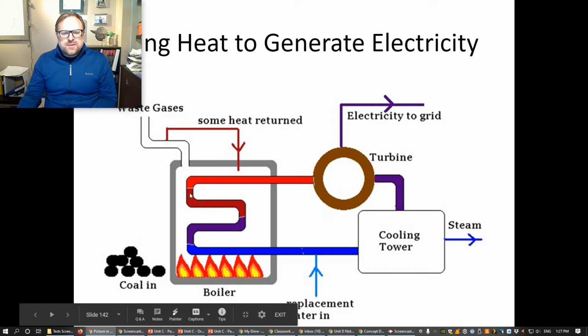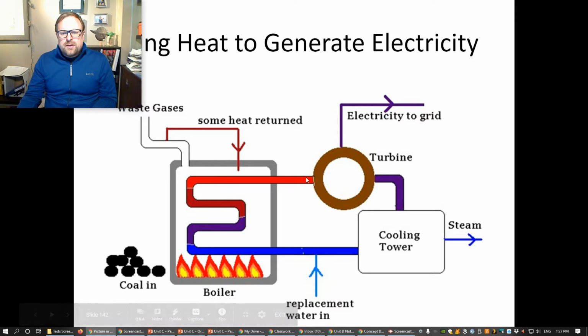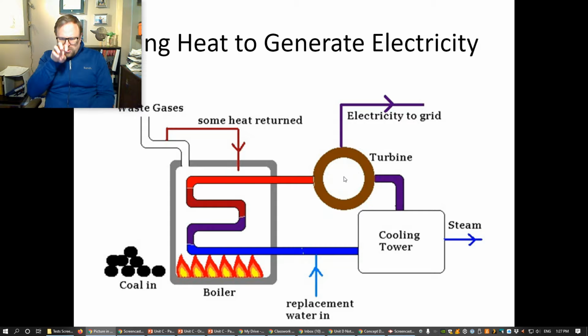And then that creates heated water, steam at this point, which spins a turbine, which is attached, if we're looking straight onto this, that turbine is attached way down at the other end to the electromagnetic coil that's inside a magnet, and we get electricity that gets sent out to the grid. And then what happens is we have a cooling tower that cools down that superheated water and brings it back for recycling.